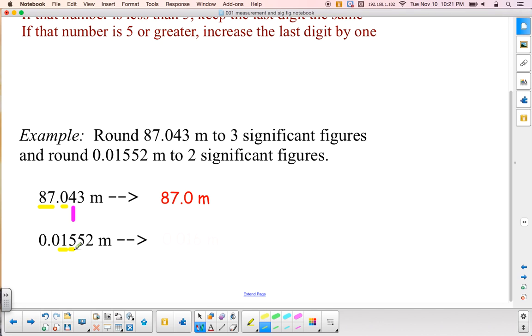Here's the second that I want to keep. I'm now going to look at the digit one space to the right of the last digit that I want to keep. That number is a 5. The rule says if it's 5 or greater, I'm going to round up. So rounded to 2 significant figures, I now have 0.016 meters.